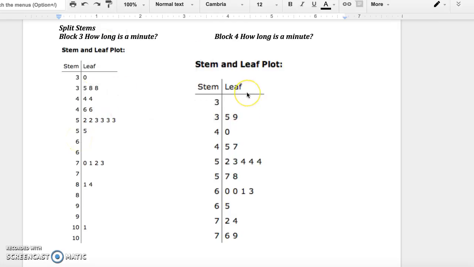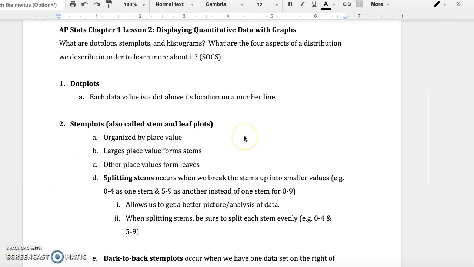So sometimes, depending on our data and the range of our data, splitting stems, so instead of going from 30 to 39, we go from 30 to 34, values included here. This means there's 3 values from 35 to 39, and those values are 35, 38, and 38, and so on. So this is splitting stems. So as we go through this, it's a good idea to pause, and if something's confusing, get an idea from your book. It also has a different description of what's going on.